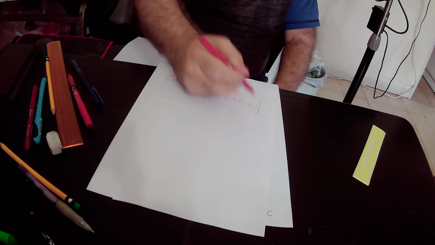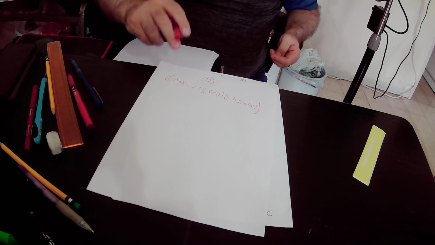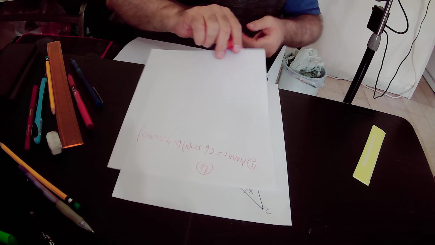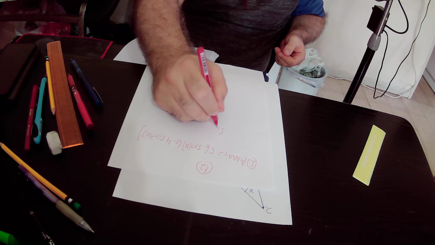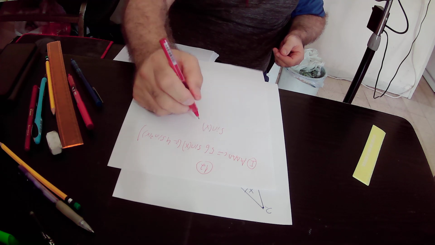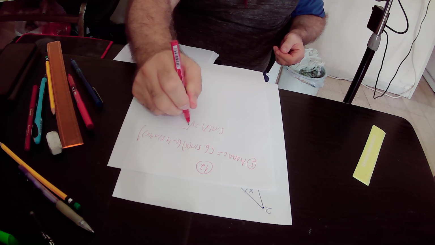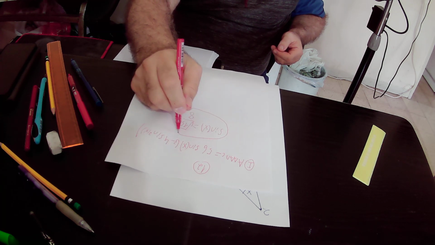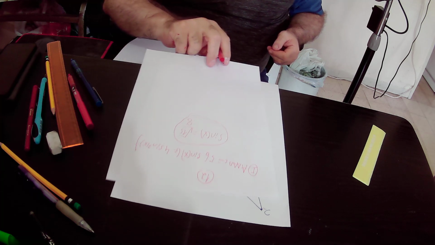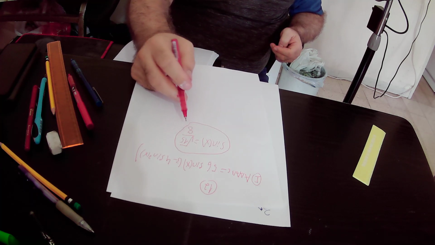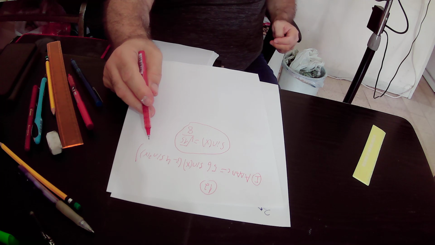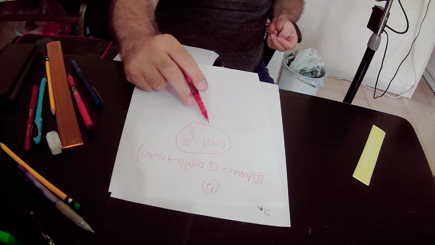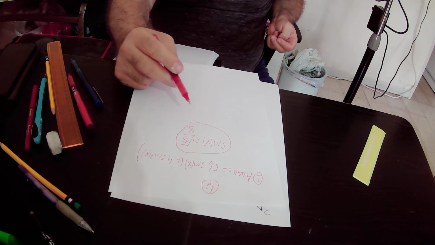Okay, we have already found out that sine x equals root 15 over 8. Here we have sine square x, so we will square this equality in order to find out the value of sine square x.